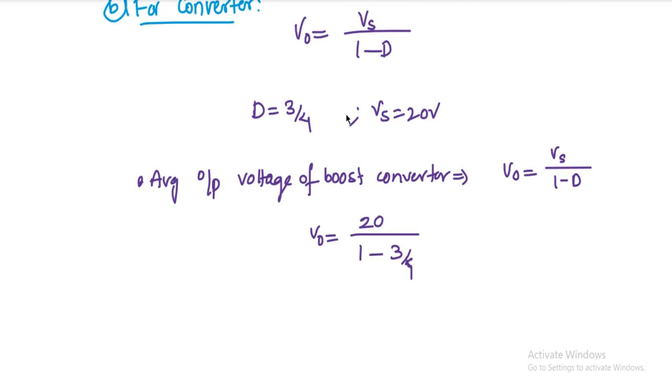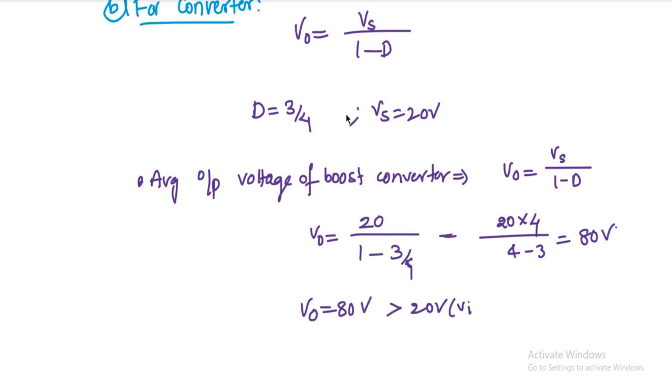That is 20 into 4 by (4 minus 3), so that will be 80 volts. You can see that the output voltage is 80 volts, which is greater than 20 volts, the input voltage. That is because this is a step up chopper, which increases the output voltage compared to the input voltage. So this is about buck and boost converters. Okay, thank you.